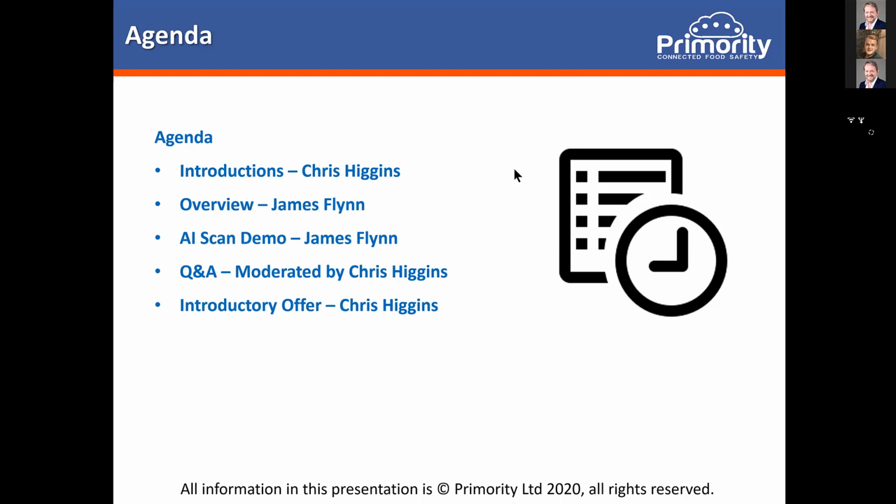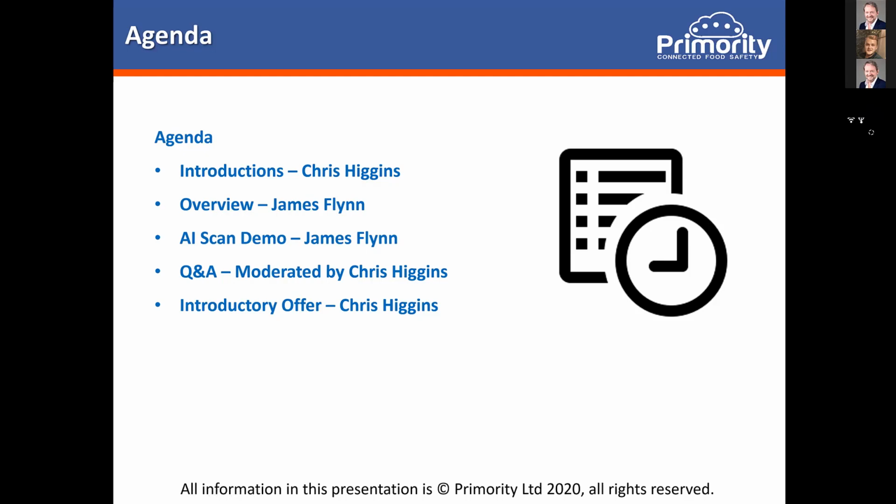For those of you who do not know who Primority is, we are a UK-based food safety and quality management systems provider. We operate in the UK and in the US, and we help food businesses digitize their compliance processes in a nutshell.